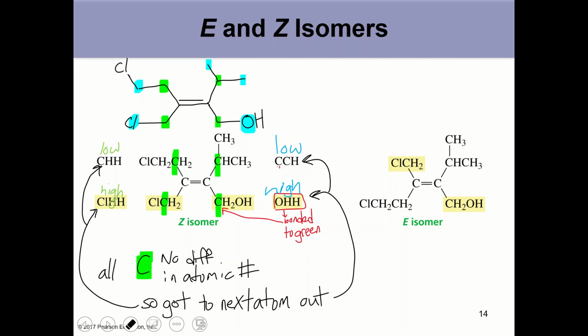When we go one bond away, I've highlighted the atoms in blue, and we can see the comparison clearly: chlorine is compared to carbon and carbon is compared to oxygen. We know that chlorine has a higher atomic number than carbon, and oxygen has a higher atomic number than carbon. And so we can see more obviously that this isomer is Z in the skeletal structure than in the condensed form.